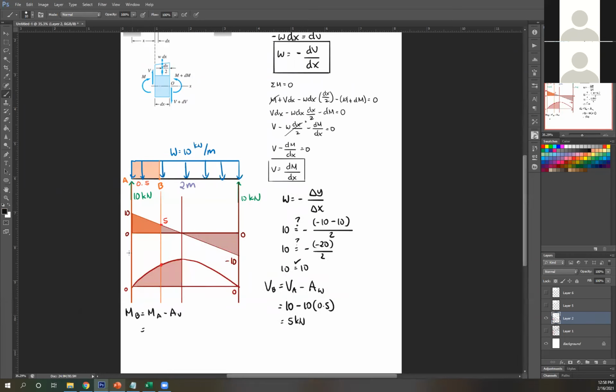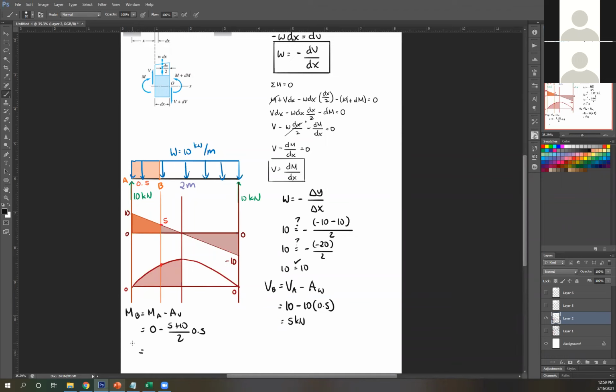So the moment at A, I know that's 0 since you're at your support. This is a pin support, so there's no moment there. So 0 minus the area of this. This is a trapezoid, so that's just base 1 plus base 2 over 2 times length. So 5 plus 10 over 2 times length, this is 0.5.